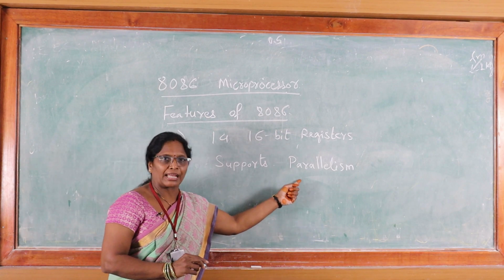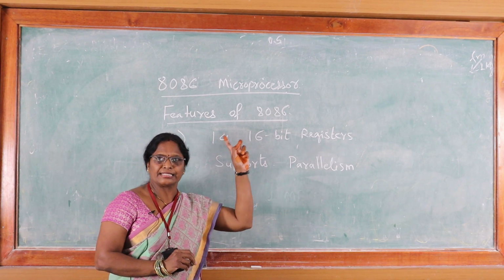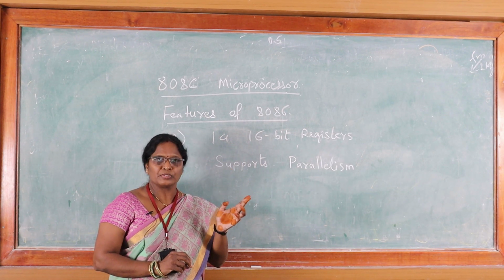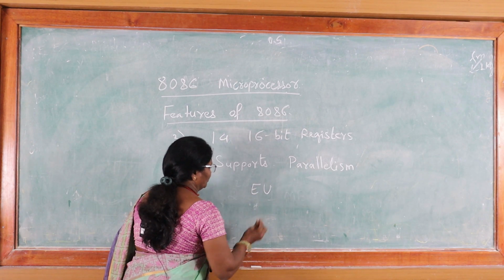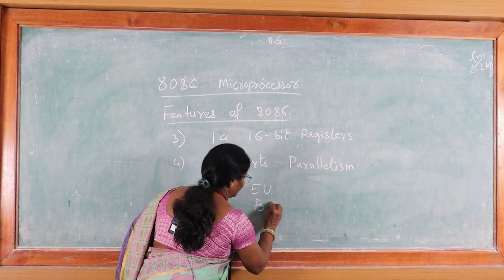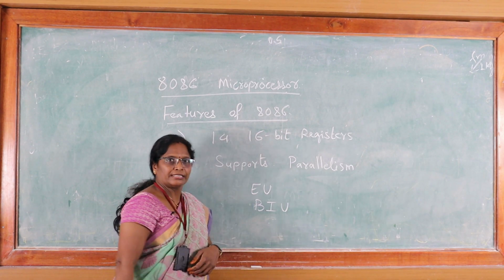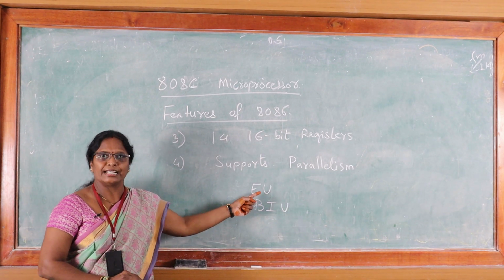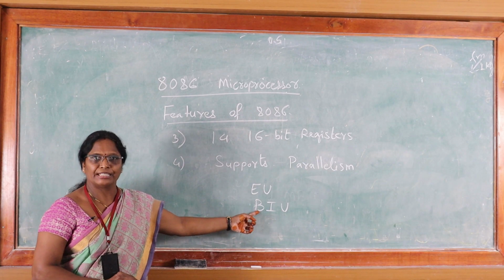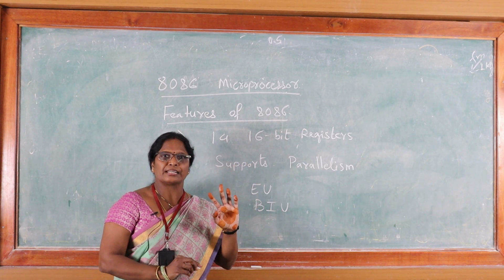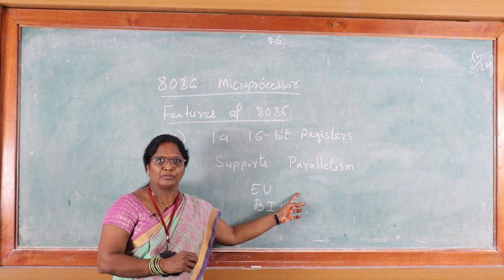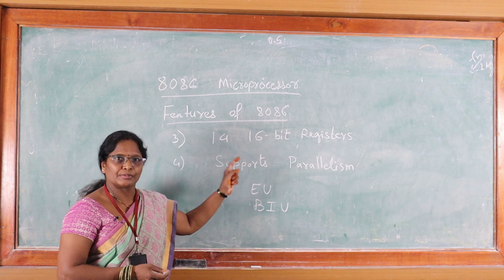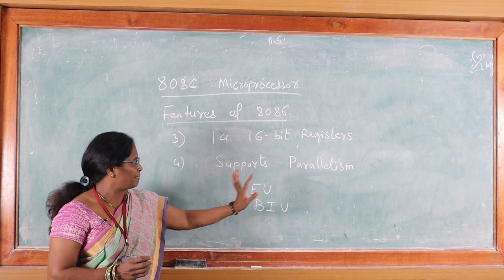So what is the meaning of parallelism? Here 8086 architecture contains two separate units. One is the execution unit and second one is the bus interface unit. These two units are independent of each other and they are performing their own operation. So we say 8086 supports parallelism.